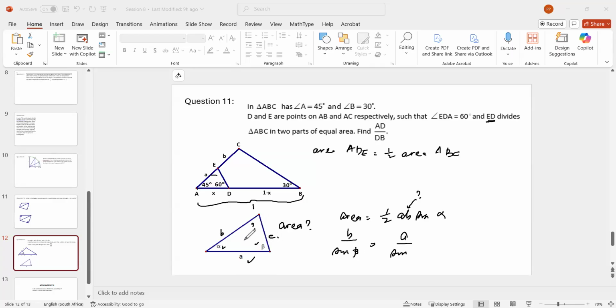Now, to calculate this angle, it's 180 minus alpha plus beta. You add these two and subtract from 180, and you'll get that angle, that question mark. And we want to work out the sine of that angle.